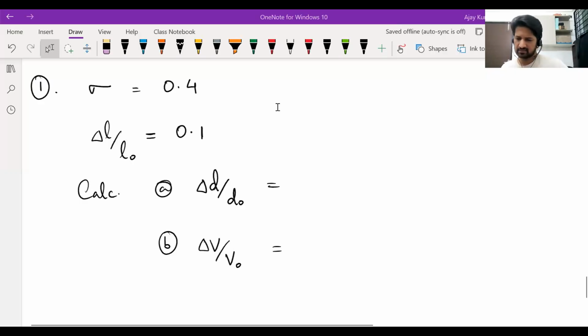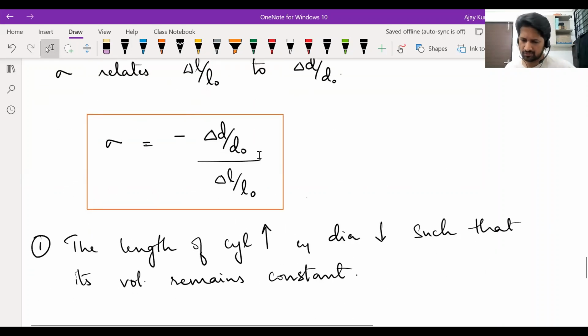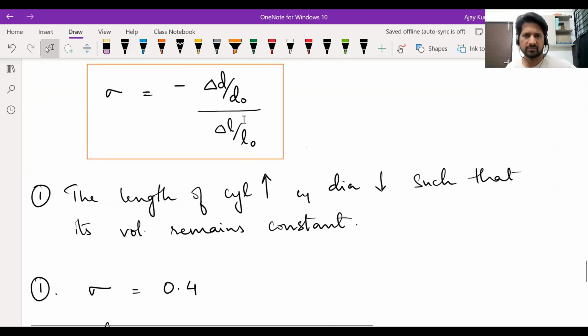Answers so far, let's see. At least relative change in diameter, anyone? That I think you can directly calculate from the formula for sigma. Okay, maybe you all didn't note down the formula. Note this down, all of you. Poisson ratio sigma is minus delta D by D naught divided by delta L by L naught.